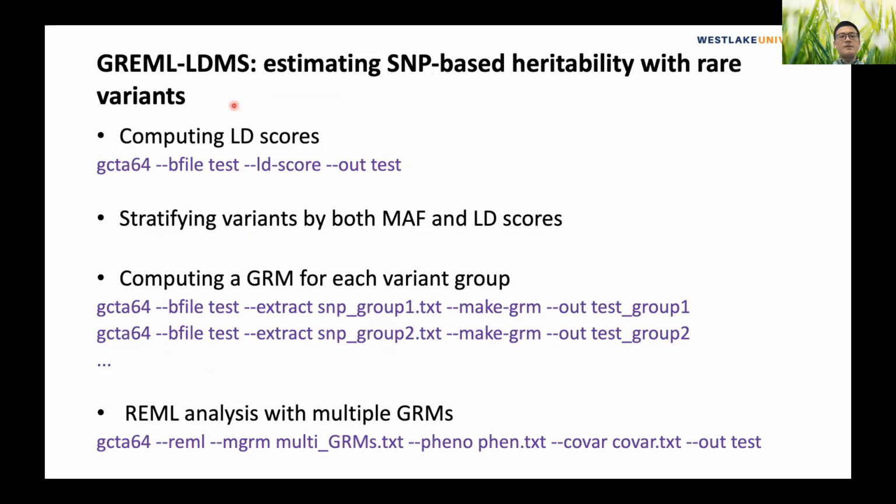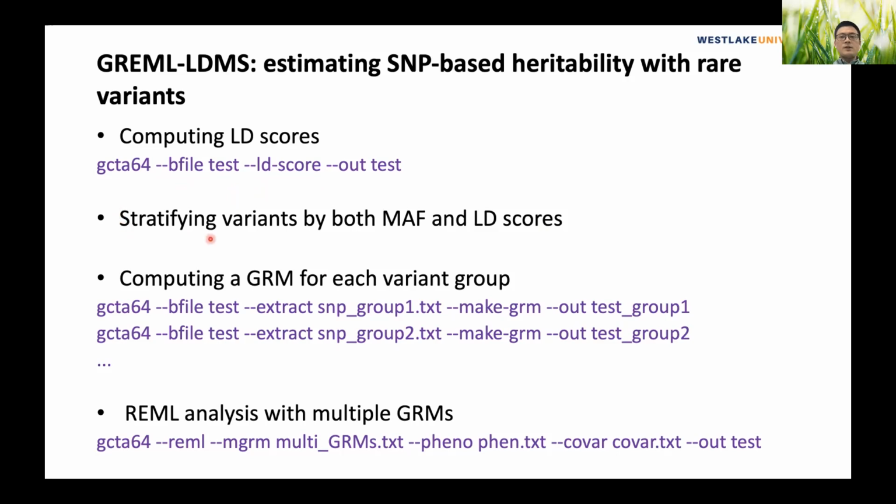Here is a very specific example. This method called GREML-LDMS is specifically designed to estimate SNP-based heritability from whole genome sequence data or imputed data with rare variants. There are 4 steps. In the first step, you will need to compute the LD scores for the variants.